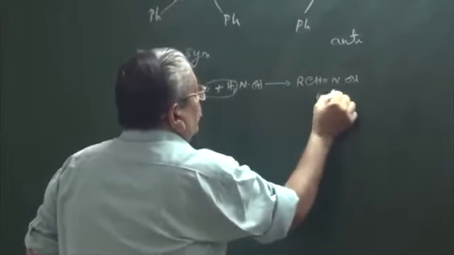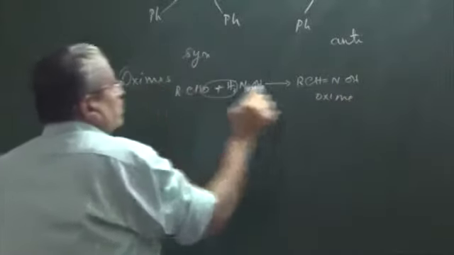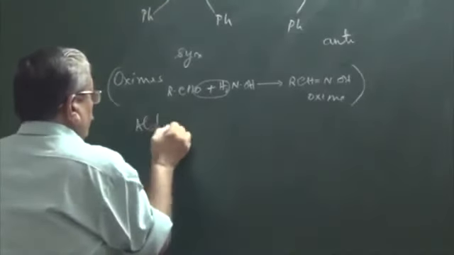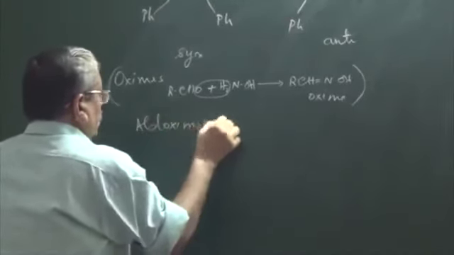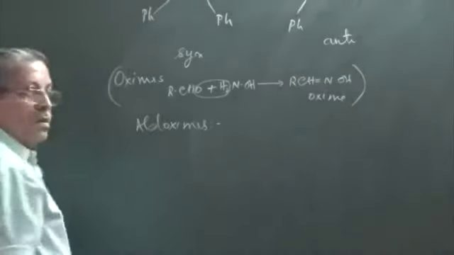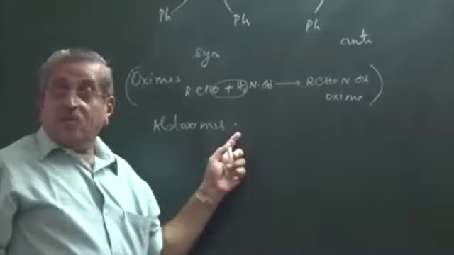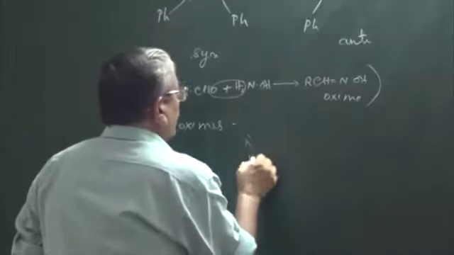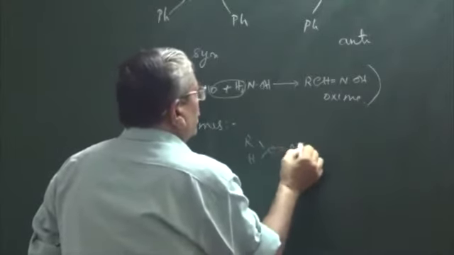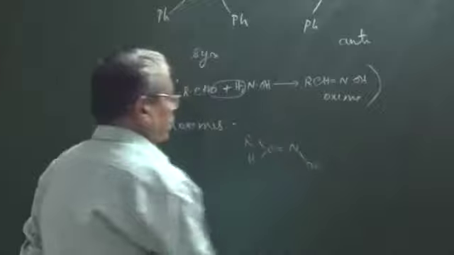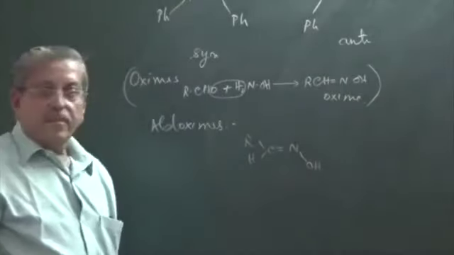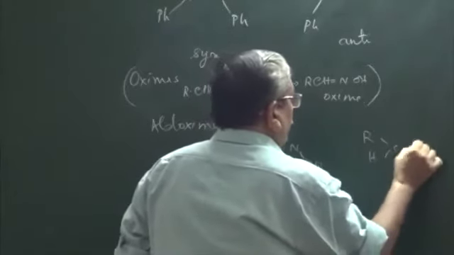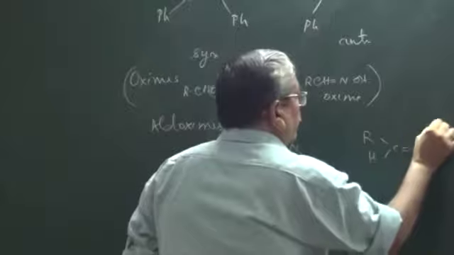This is an oxime. Then aldoximes, so geometrical isomerism. What are aldoximes? We have R, H, C double bond N, OH. We have another one, R, H, C double bond N, OH.